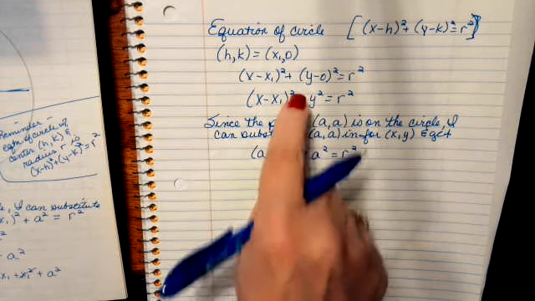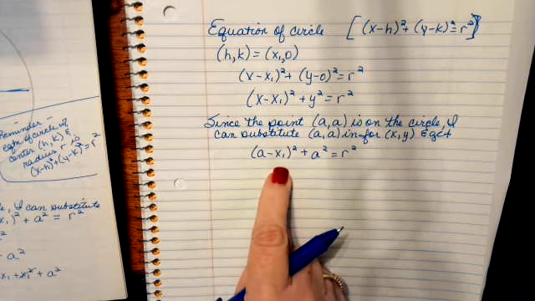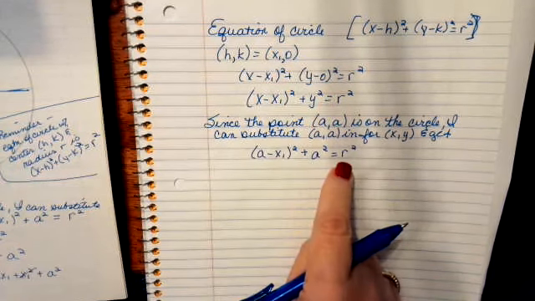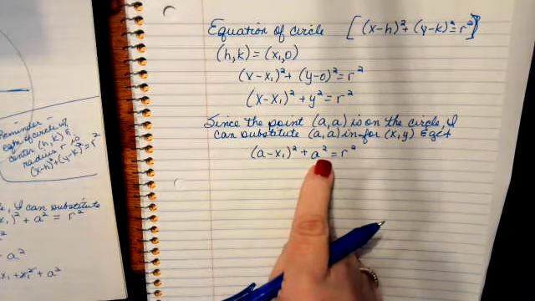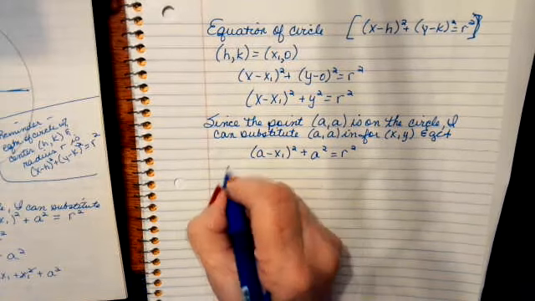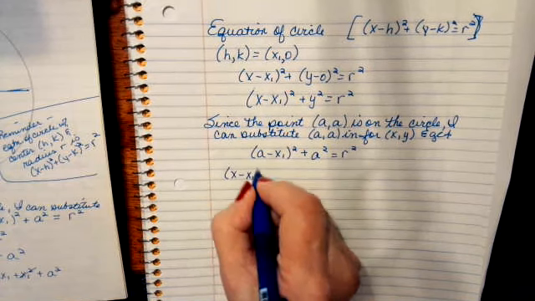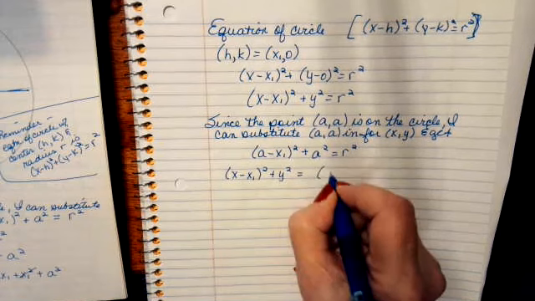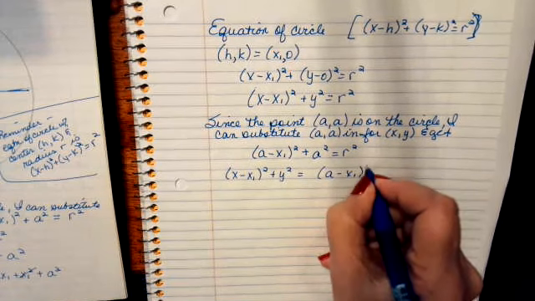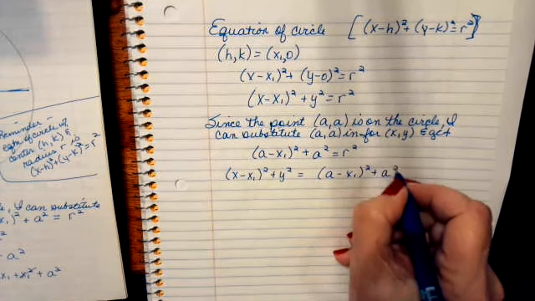Okay, well, remember these two are equal to each other. Both of these are equal to r^2, so I'm going to set these two left-hand side expressions equal to each other. (x - x1)^2 + y^2 = (a - x1)^2 + a^2.